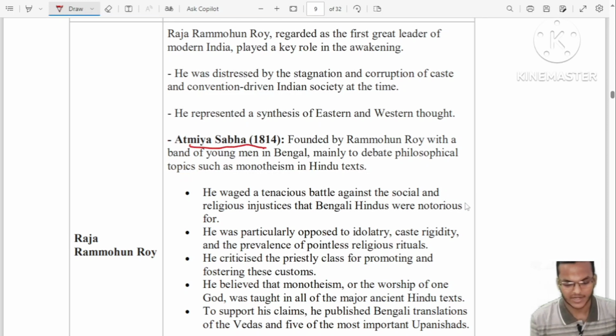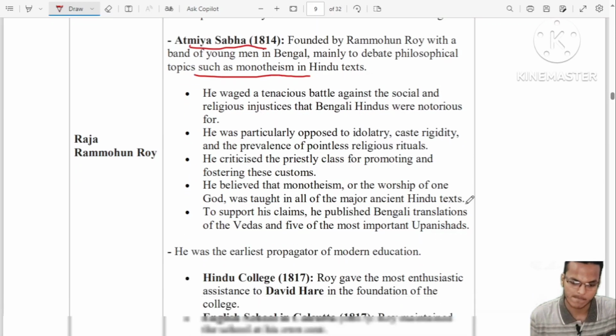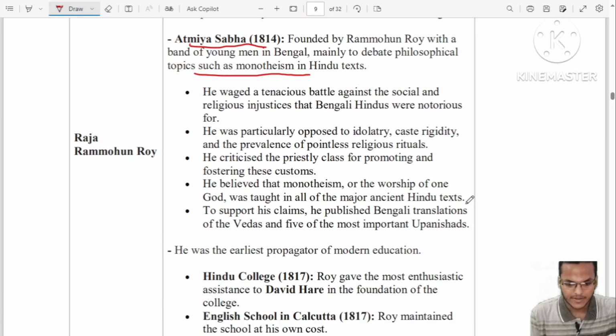He started the Atmiya Sabha, founded in 1814, with a band of young men in Bengal, mainly to debate philosophical topics such as monotheism in Hindu texts. So what did it advocate?